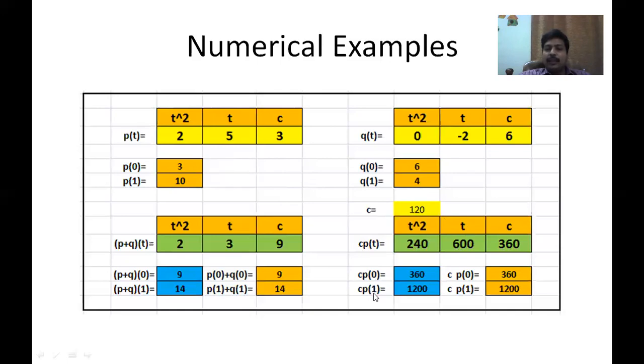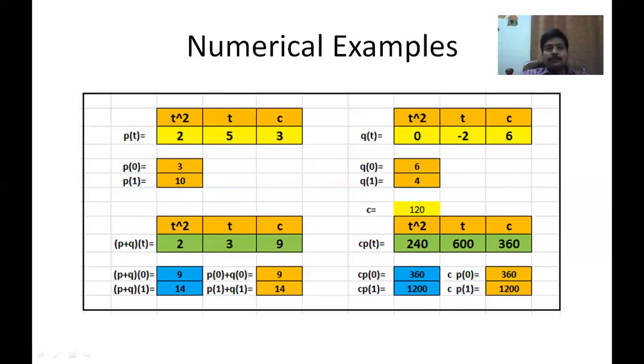And the value of Cp at 1 is 240 into 1 plus 600 into 1 plus 360. All these three added come to 1200. Here you can observe that this is 120 times this one: 120 into 3 is 360, and 120 into 10 is 1200. So both are equal. So these values are numerically checked.